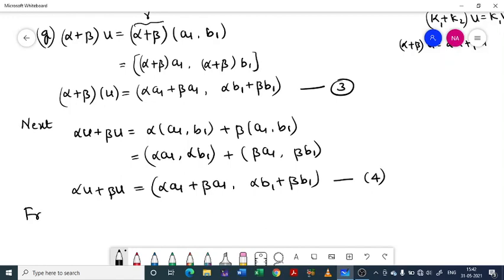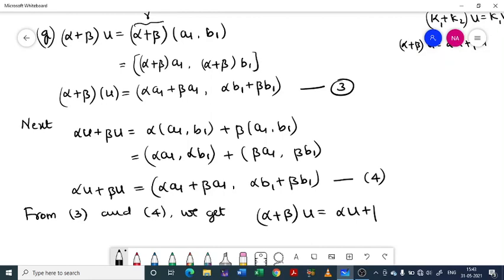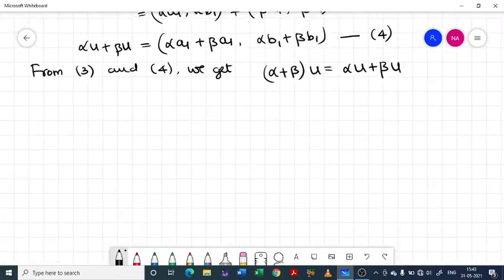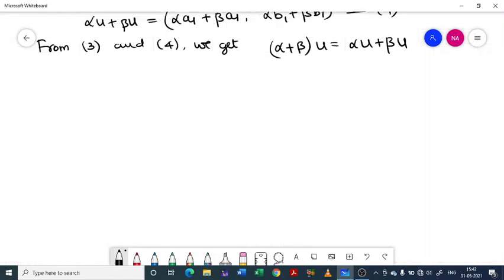So from equation 3 and 4 we get alpha plus beta of U equal to alpha U plus beta U. So scalar addition is distributive over vector multiplication, that is done.